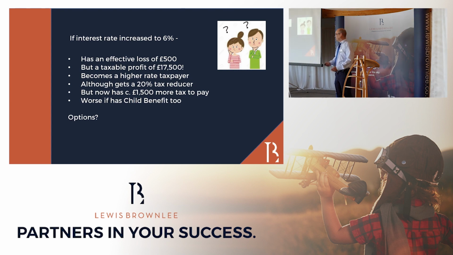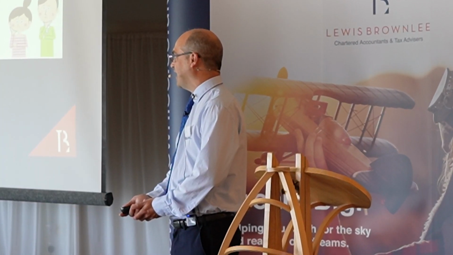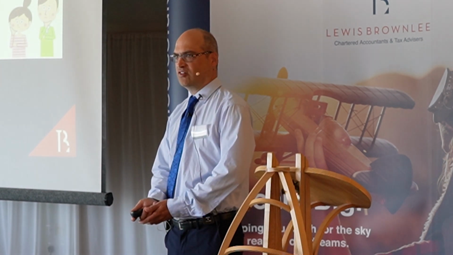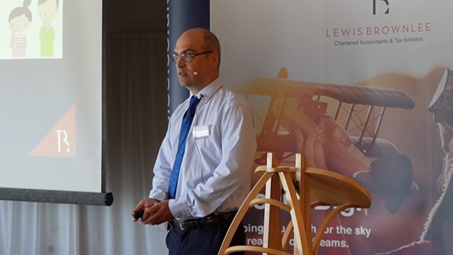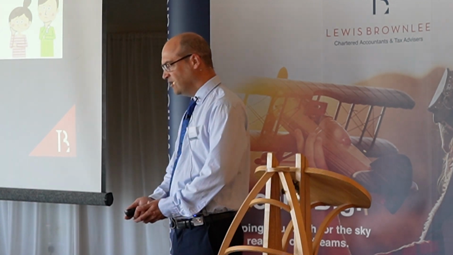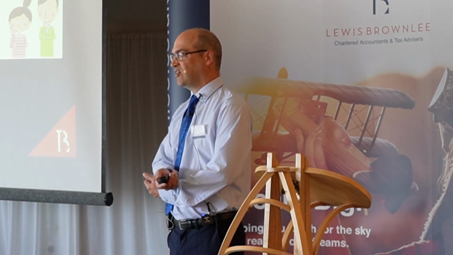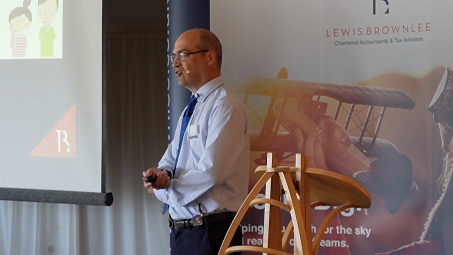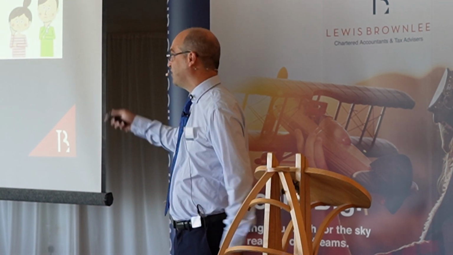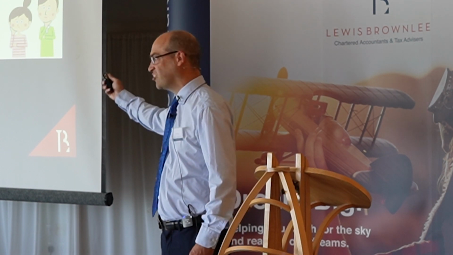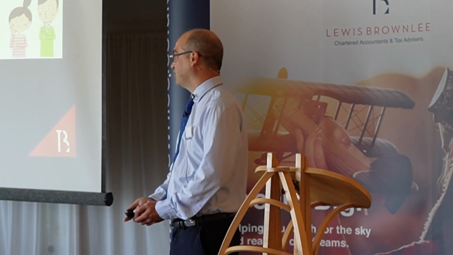The nasty implication here is that this is pushing this individual comfortably into higher rate tax, so 40% tax comes into play. Now, they did allow a 20% tax reducer to be claimed against the loan interest costs. The idea was that they didn't want to permit higher rate tax relief on loan interest. But it's had this inadvertent effect of pushing people into higher tax rate brackets.